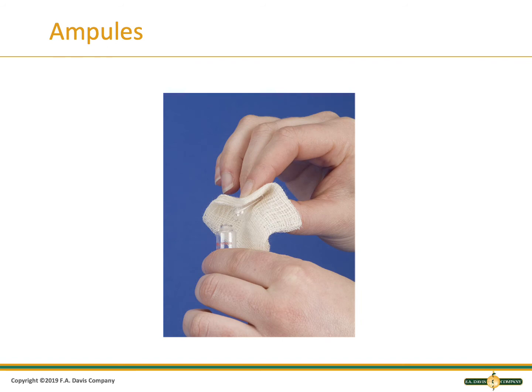You've all had an opportunity to learn about ampules and to practice drawing up medication from ampules in the lab, which is kind of nice that we've done that already. And the biggest thing with the ampules is to remember that you need to use a filter needle to filter through any possible glass shards, since the ampules are glass, and then you'll need to switch over to another needle.